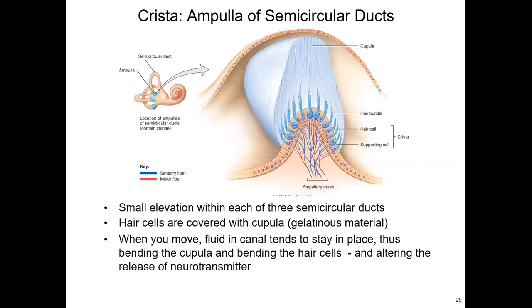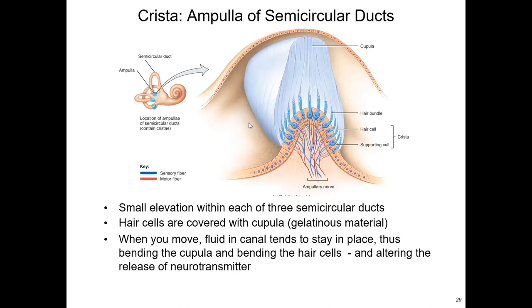The dynamic equilibrium is linked to hair cells located in the ampulla portion of the semicircular canals. Here too, the hair cells are embedded in a jello-like material. This is cone-shaped as opposed to being a flat sheet. So this entire structure, hair cells plus the cupula, forms the structure called crista.